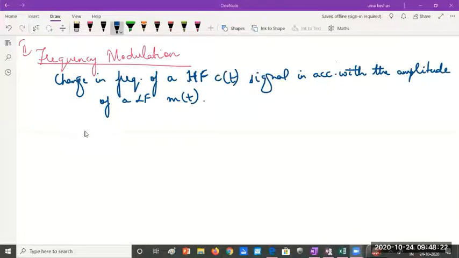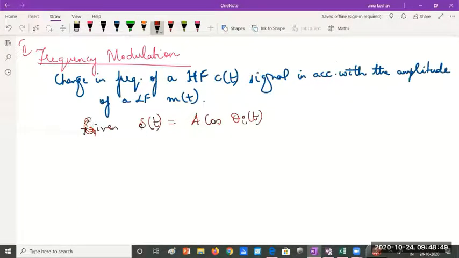Okay. So here, let's talk about the instantaneous frequency. Given a carrier signal A cos theta_i, which is a function of time. So this is the carrier signal.